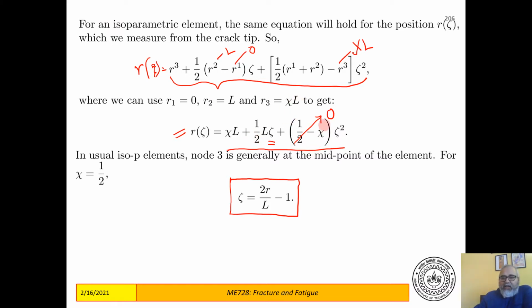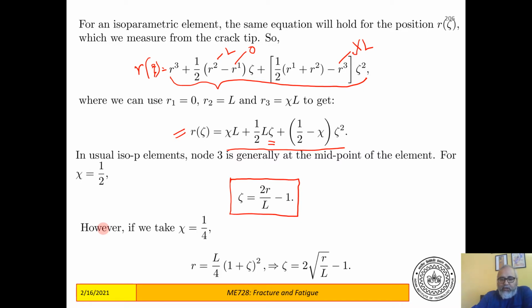Now, if chi is not half, this term doesn't go to 0. Let's say chi is equal to 1/4, in which case the quadratic term remains. So it's a quadratic equation which you need to solve, but you can solve it and you can show that r is equal to L by 4 times (1 plus zeta) whole square in case chi is equal to 1/4.